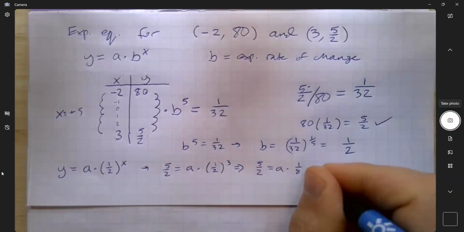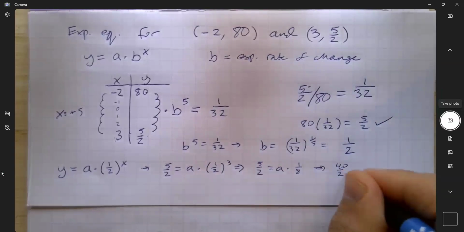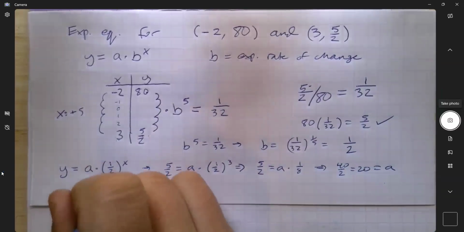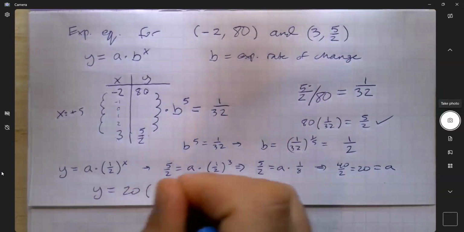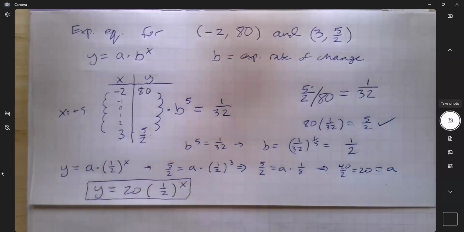So multiply both sides by 8, and I get 40 over 2, or 20, equals a. So my formula is then y equals 20 times 1/2 to the x. And that's how I build my exponential equation.